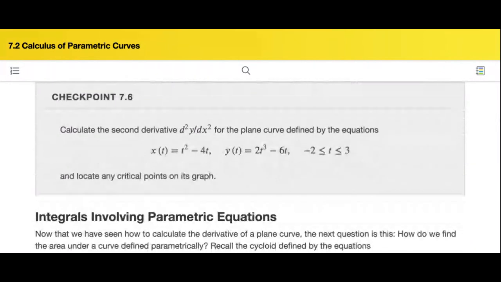So let's do 7.6. Let's find the vertical and horizontal tangent lines at certain points. Basically, we need to find those points where we have either horizontal or vertical tangent lines.